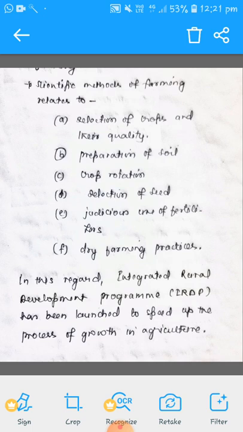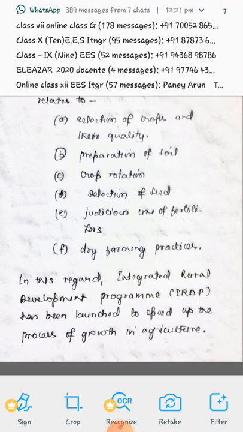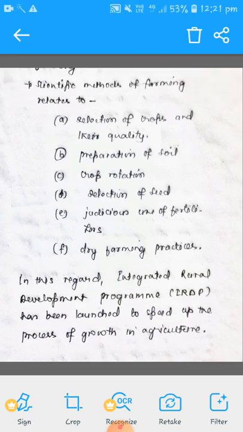Then preparation of the soil: what needs to be done before sowing seeds. Crop rotation is also there. In order to increase the fertility of the soil, we sometimes do crop rotation. Before a ginger field, we grow leguminous plants there so that the fertility of the soil could be increased.